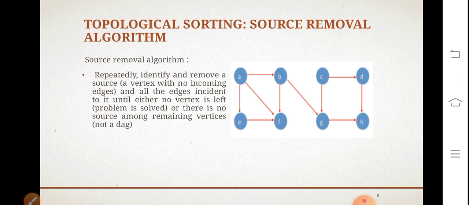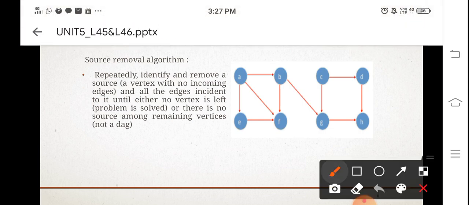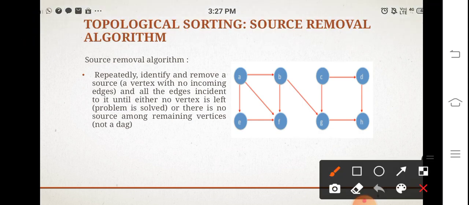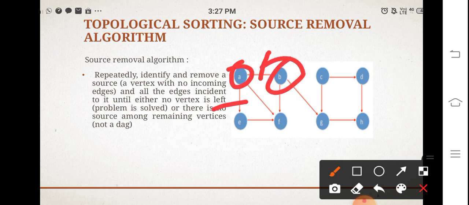So it will identify and remove a source, that is a vertex with no incoming edge. First we have to identify this vertex which has no incoming edge, and we delete it. This has no incoming edges, so this will go, this will go. Then later this will not have incoming edges, and again this will not have, then we will delete this, and then it will have no incoming edges.